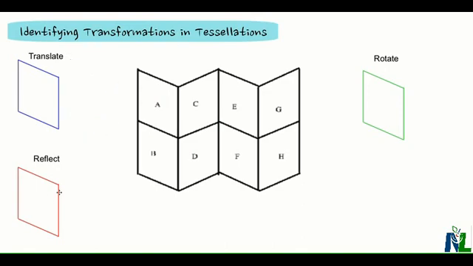I can also perform a reflection here. Say I take shape A again, and I want to reflect that to make shape C. So let me just draw in my line of reflection here. And now I'll take that shape and reflect it.